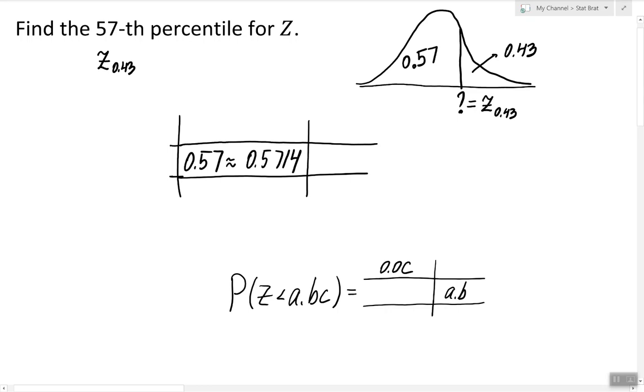So this value corresponds to row 0.1 and column 0.08. Therefore, z.43 is equal to 0.18. So 0.18 is z.43, and at the same time it's the 57th percentile for z.